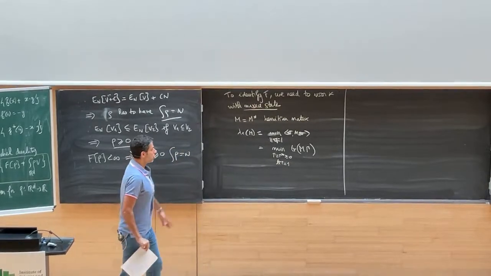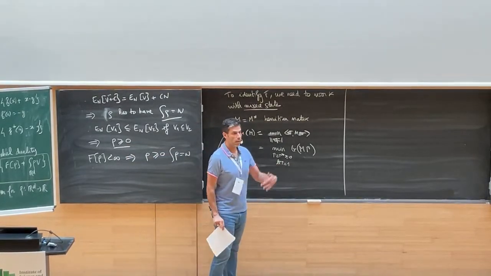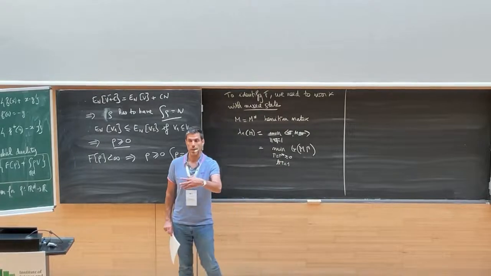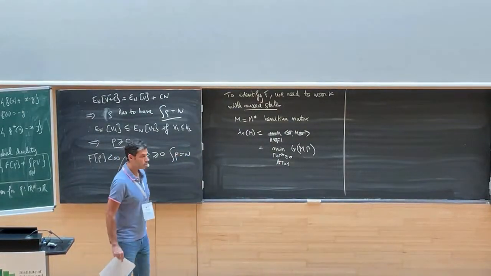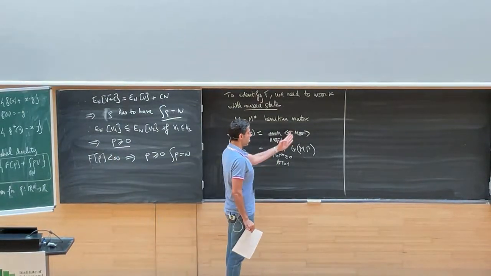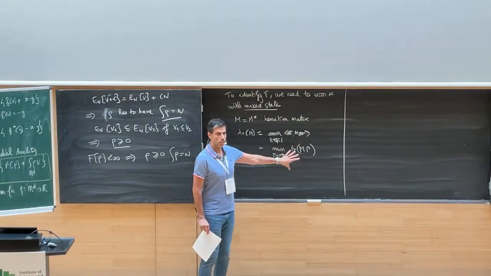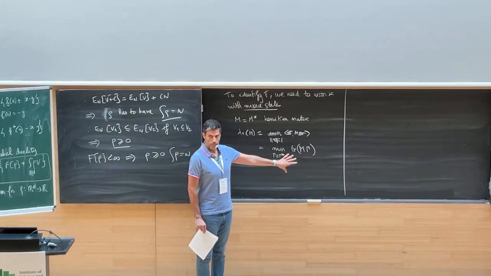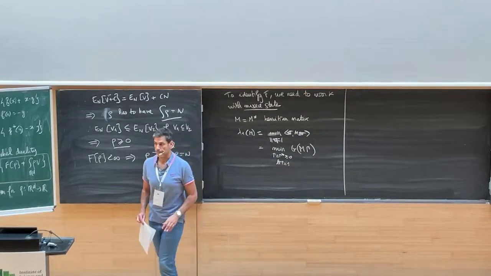If you write that any such gamma is a combination of rank 1 projections, so you diagonalize gamma, you will see immediately that you have this formula. So it's a much bigger set, but the minimum is the same.